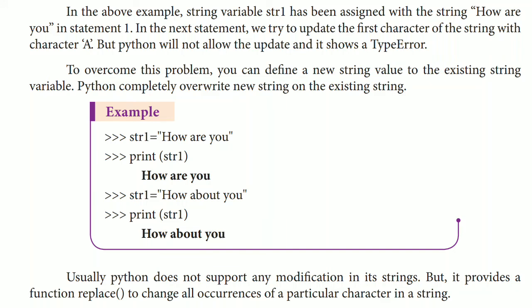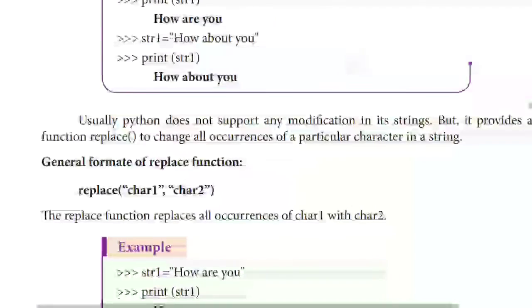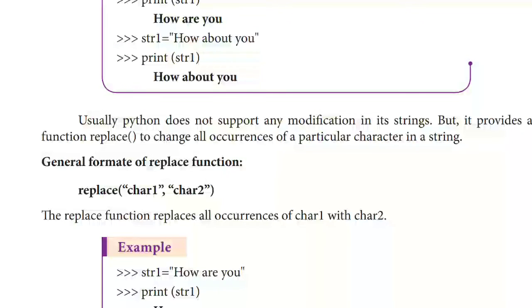Okay, so usually Python does not support any modification in the string, but it provides a function which is known as replace to change all occurrences of a particular character in the string. So there is a special kind of predefined function, which is known as replace. This will replace all occurrences of the particular character.